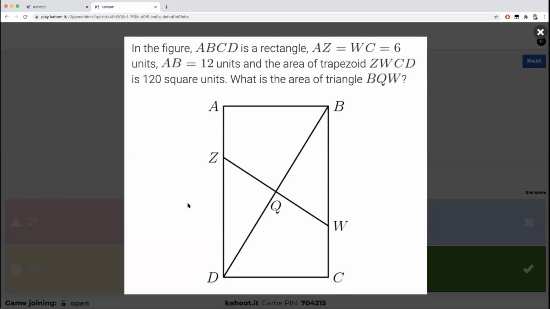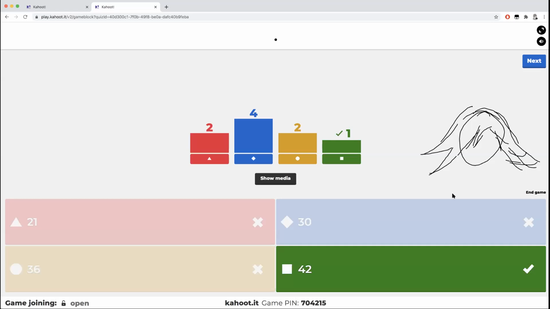Because AB equals DC, DC is 12, so ZD plus WC is 20. That means ZD is 14, which also means BW is 14. Q is the midpoint of DB, so the height is half of DC. So the area would be 14 times 3 divided by 2, or 21.